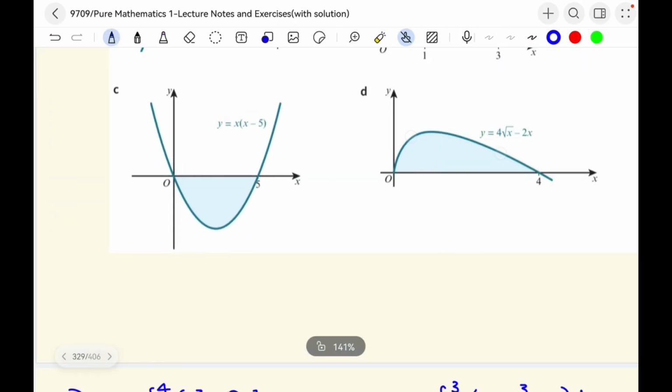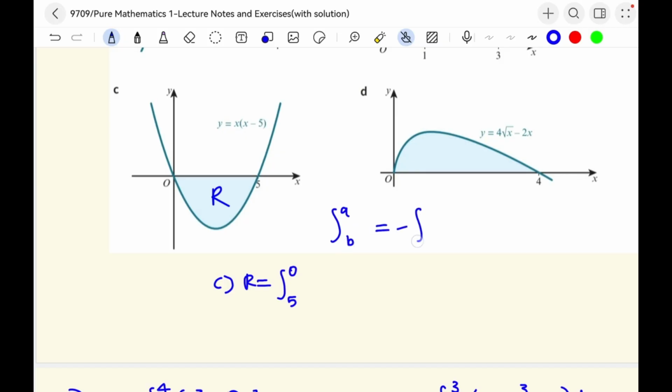All right? So to get the region R for C, but remember that area is not negative. How should we do? Either you can switch the limit sign by writing like this, 5, 0. As we know, following the integration rule, the integral from A to B is equal to the negative of the integral from B to A. But I'm not encouraging you to write it this way.